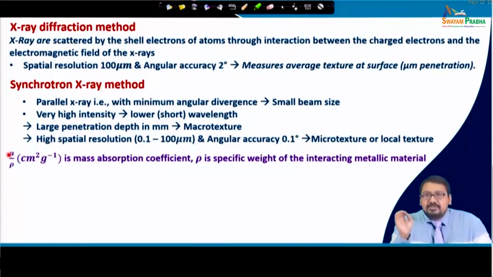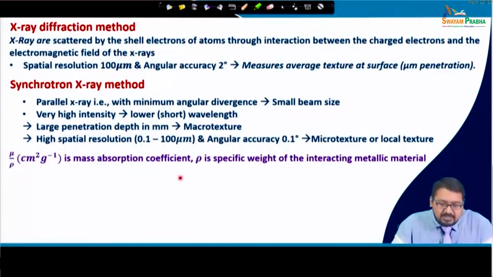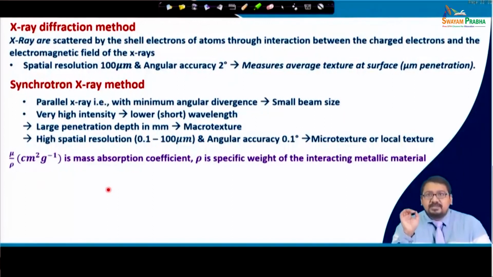Usually mu is not used, but mu by rho is used, where rho is the density, that is the specific weight of that material in which the X-ray radiation is interacting, right. So, mu by rho, which is in unit centimeter square per gram, is basically known as the mass absorption coefficient, and this is the most important variable that is considered for understanding absorption of various radiation.